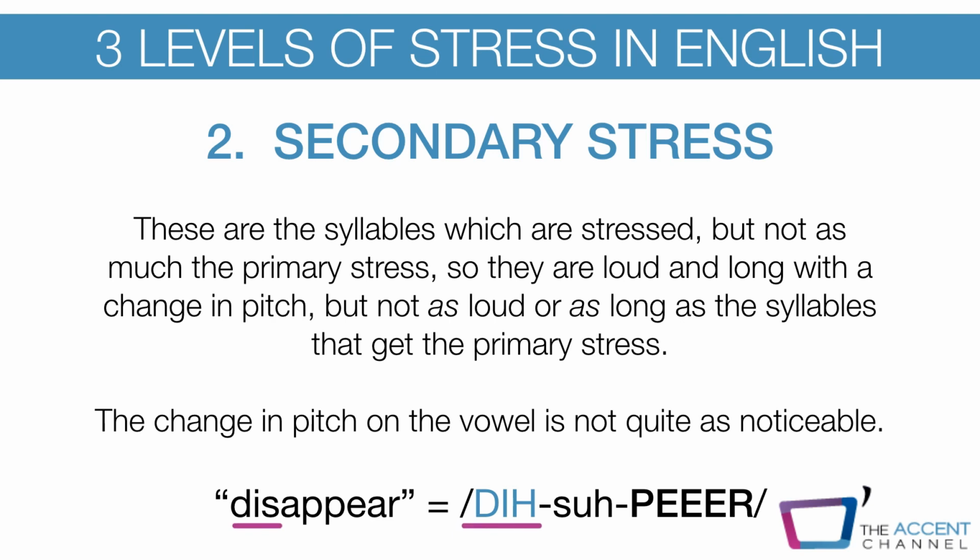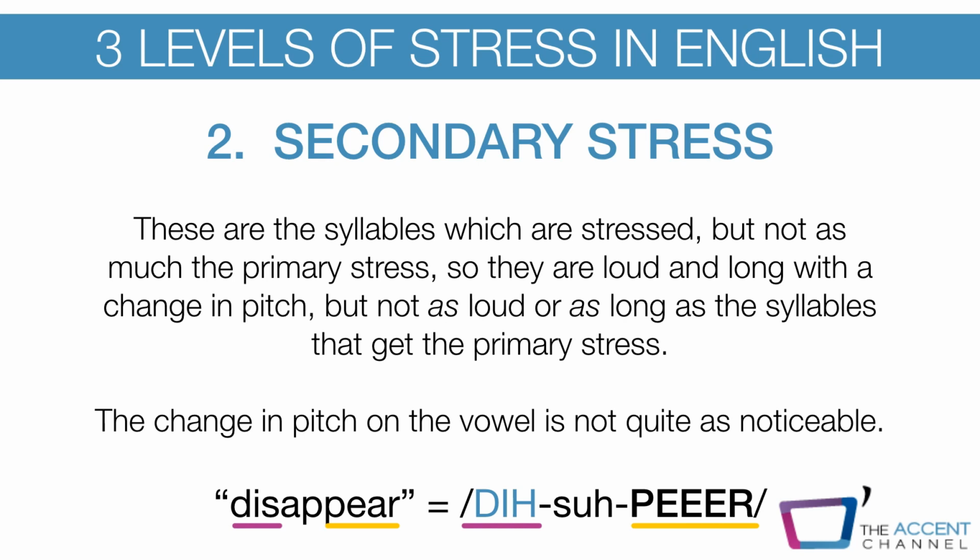We do spend some time on this syllable and we do make the vowel louder and longer, but not quite as much as we do on this last syllable, the third syllable, peer. If both of these syllables received primary stress, which can happen in certain words, but here it doesn't, it would sound like this: disappear, disappear.